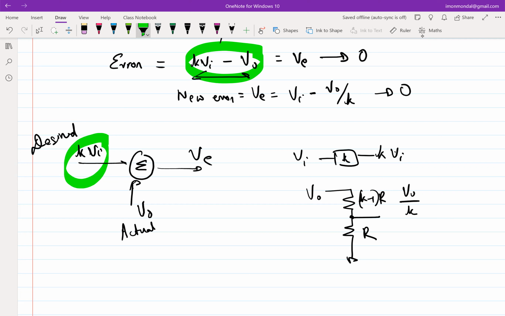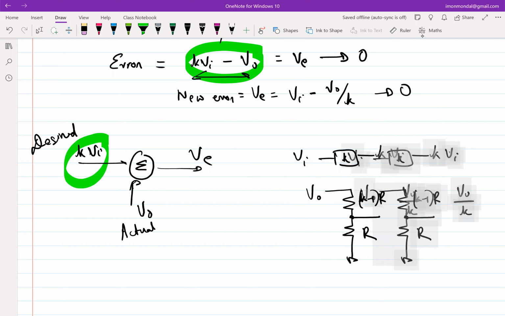One might say I can use a common source amplifier, but the K of the common source amplifier will vary. That we don't want. So how are we getting rid of the problem? We redefine my error as Vi minus V naught over K, because Vi is an input I know, and I can always shift the voltage of V naught down reliably. Okay, fine.